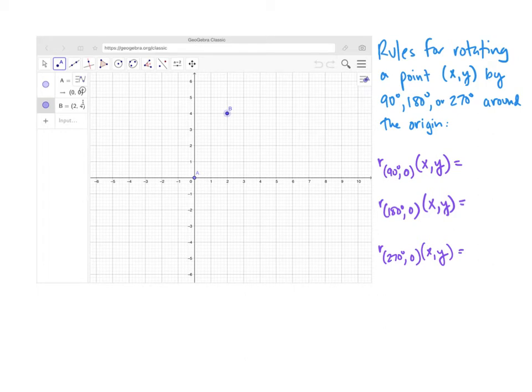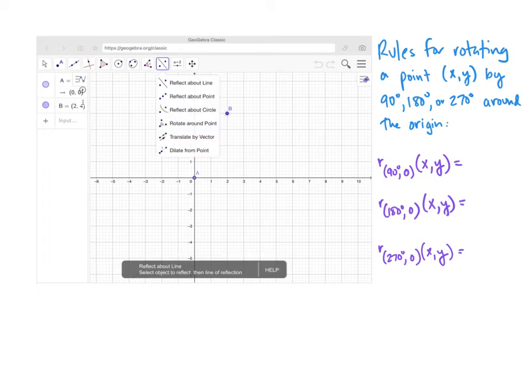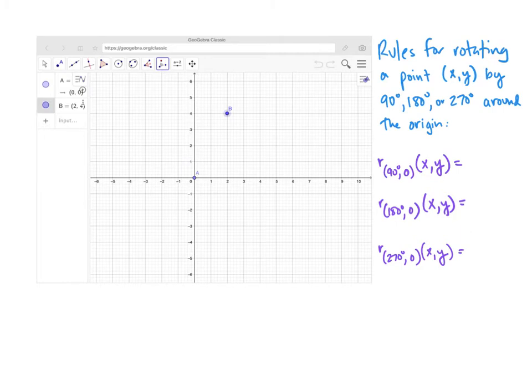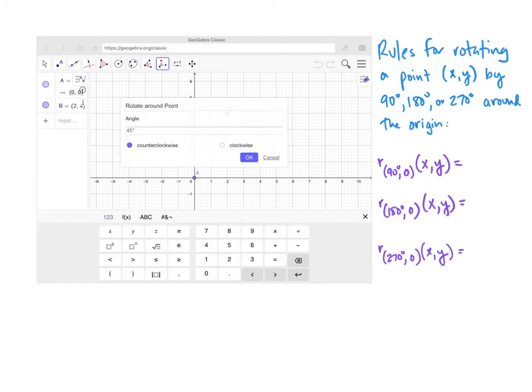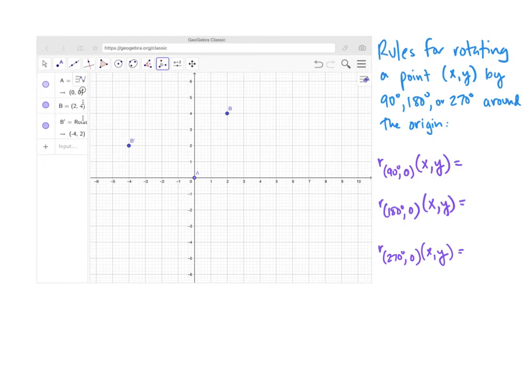Let's select my rotation tool, and we're going to rotate point B around point A, or the origin, by 90 degrees counterclockwise, a 90-degree positive rotation. And you can see the place that it ends up is right over here. Now let's look at the coordinates of B and B prime. All right.